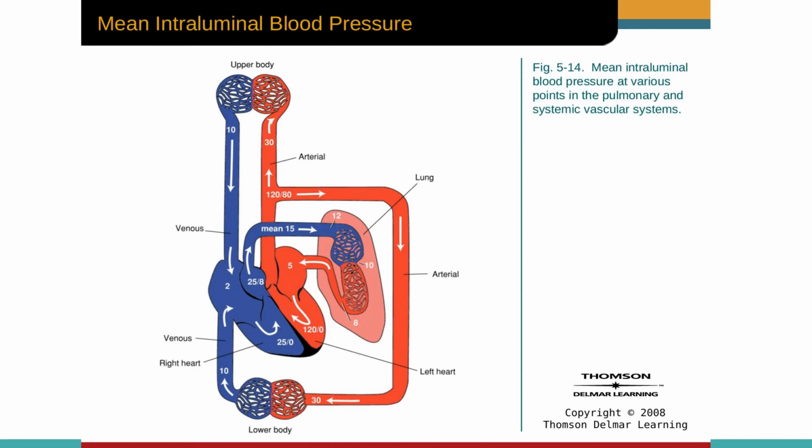The basic thing I really want you to take away from this is that the left-sided pressures are higher, right? Your left side is going to the body, so it's going to pump further. That's why your pressures are higher. That's the big takeaway for right now.